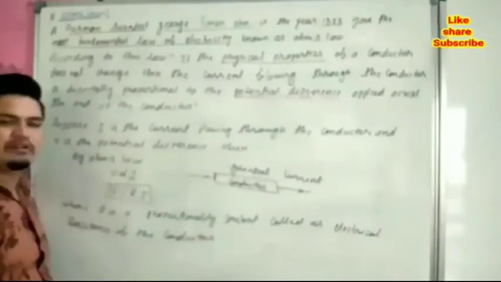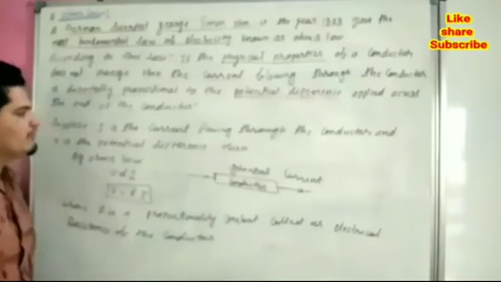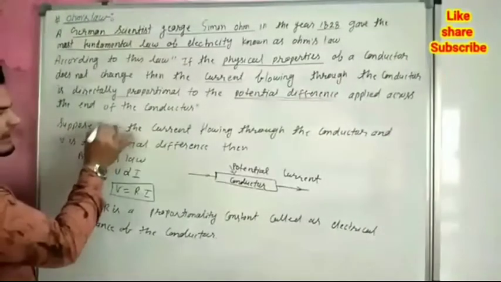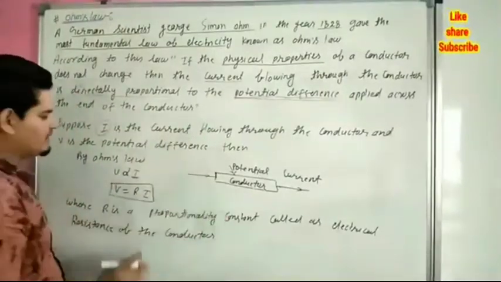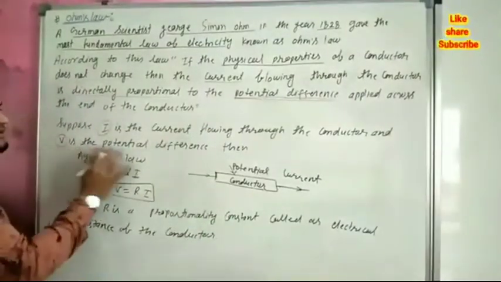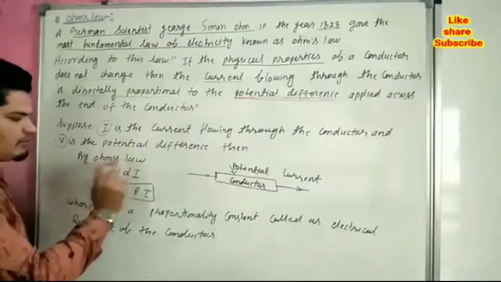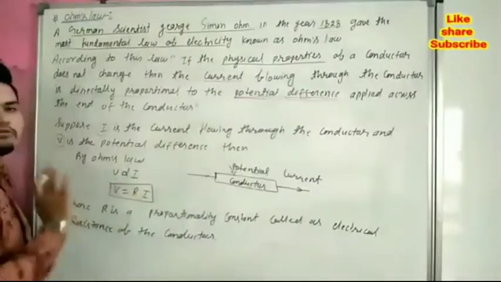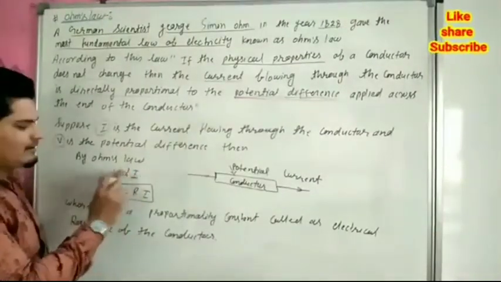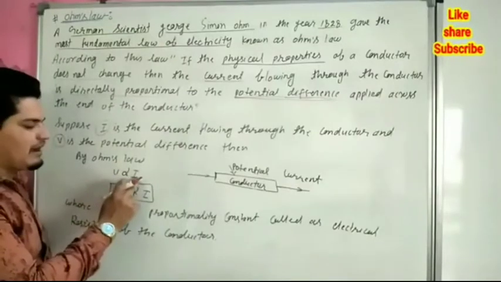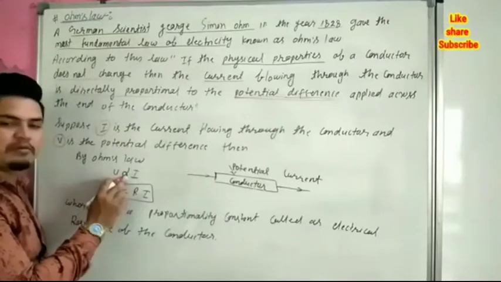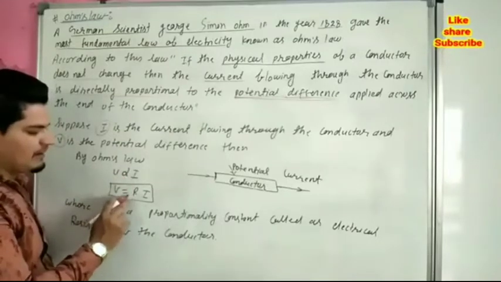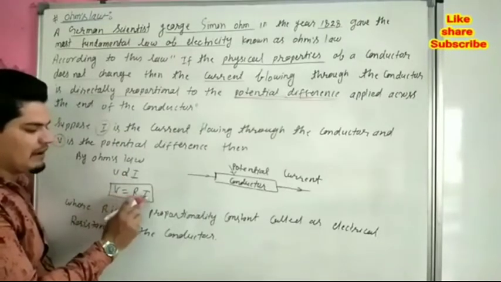Suppose I is the current flowing through the conductor, and V is the potential. According to Ohm's law, I is directly proportional to V. When we remove this proportionality sign, a constant comes in: V is equal to RI.